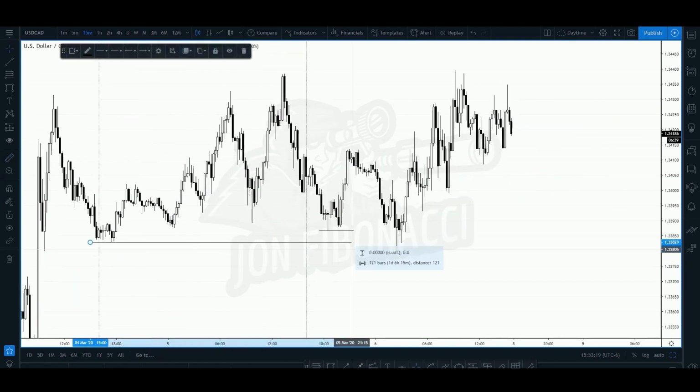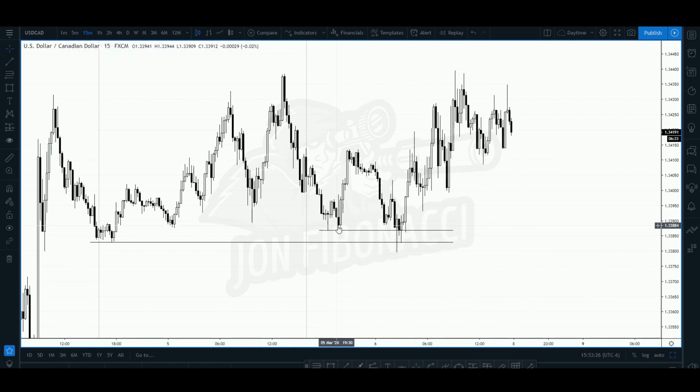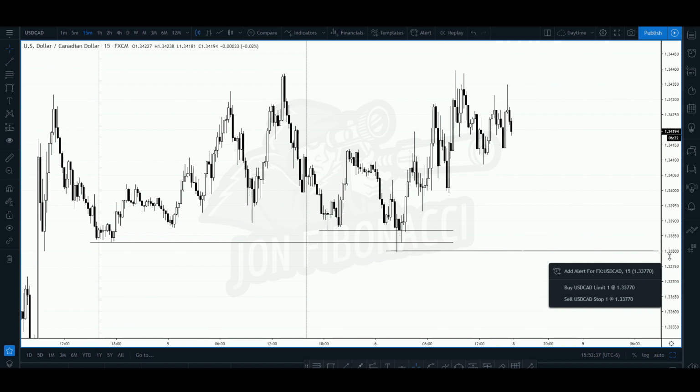What I did was stretch out the equal lows for both of them, and then also right here is the 80 level, 1.3380.